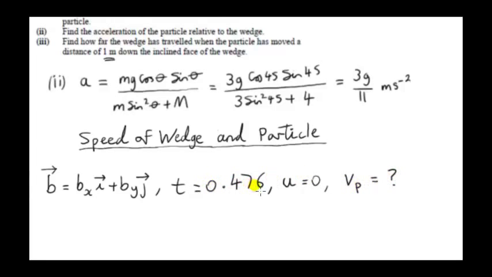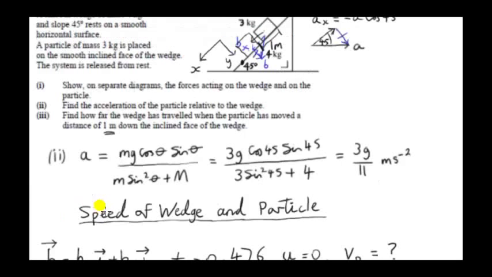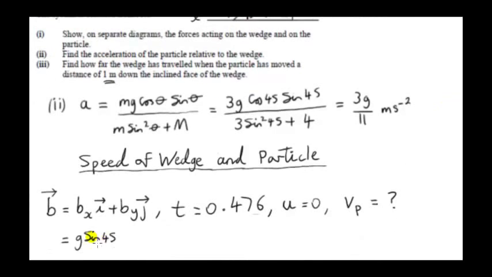That's its speed at t equals 0.476 seconds. So here's its acceleration vector. We called it b previously. We know that b sub x for any particle is g sine theta. So we're looking at its x component. It's g sine theta, where theta is 45 degrees. So sine of 45 is 1 over root 2.